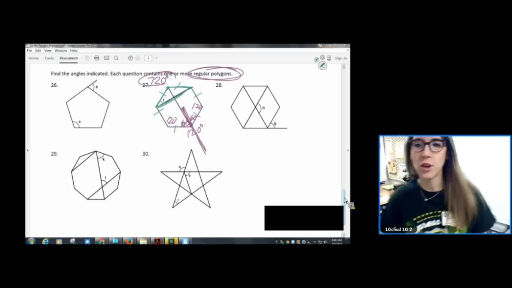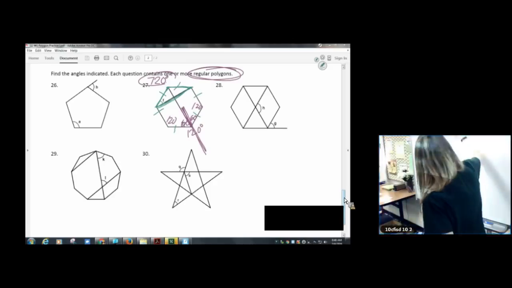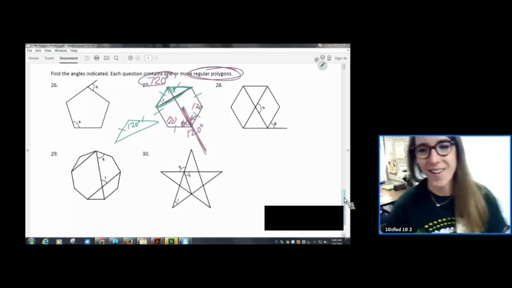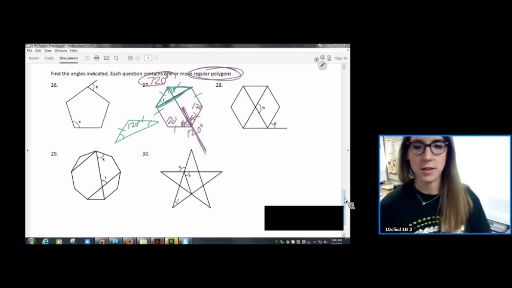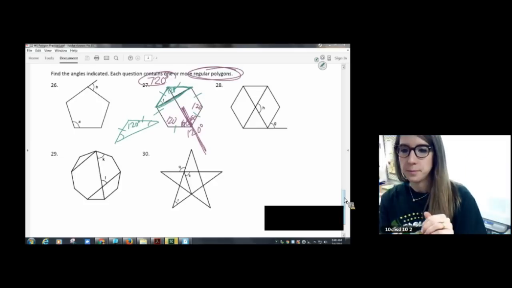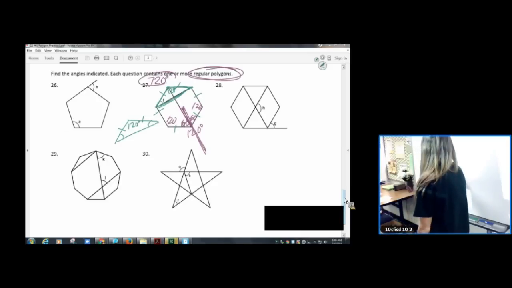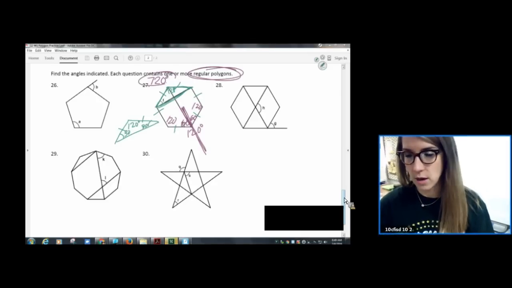So that teal triangle I just drew is isosceles. And I can find the measure of every angle of this hexagon. So this angle is 120. So I have an isosceles triangle with a vertex angle of 120. Oh, looky there. Now I can find my base angles. So 180 minus 120 divided by 2, and that's why the answer to F is 30. So that's a problem you need to know how to solve.